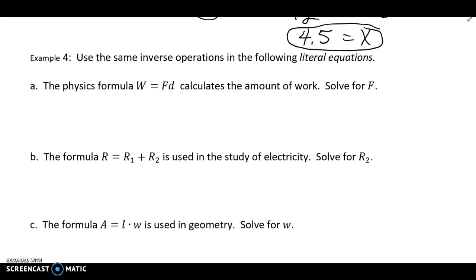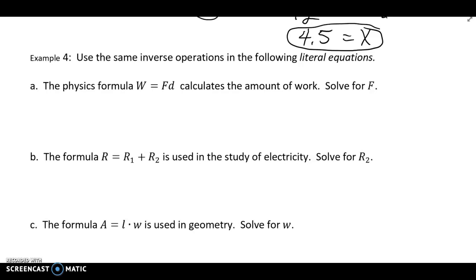And the way you're going to solve for that one variable, even though there are other variables in the equation, is that you are still going to follow the path that we talked about. When it comes to solving an equation for a variable, you're going to undo the operations. You're going to do the inverse of whatever operation is being done to that variable.